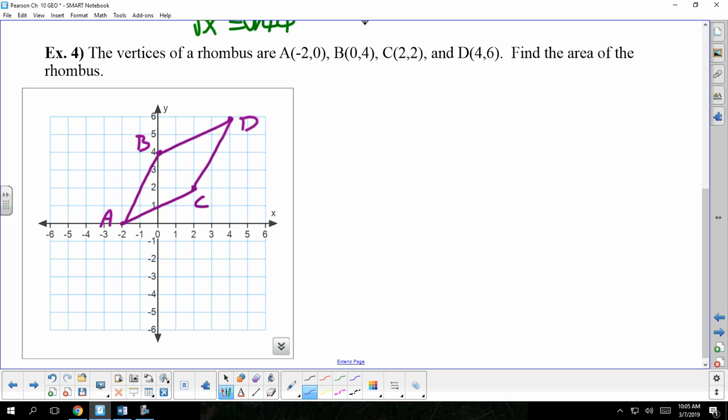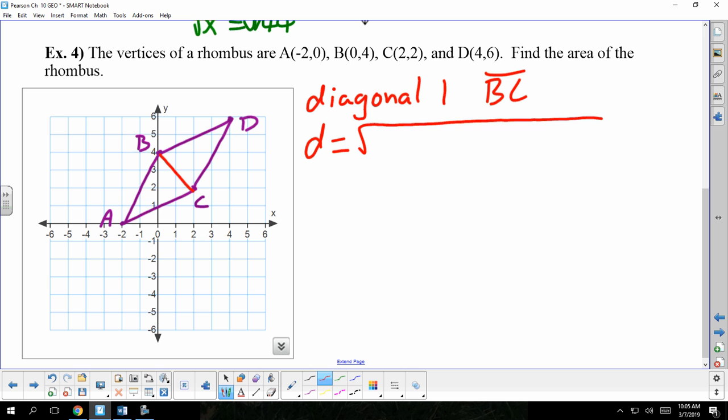All right, so everyone has these graphed and labeled. So diagonal 1 right there, BC. I want to use the distance formula to go ahead and figure out the length of that.